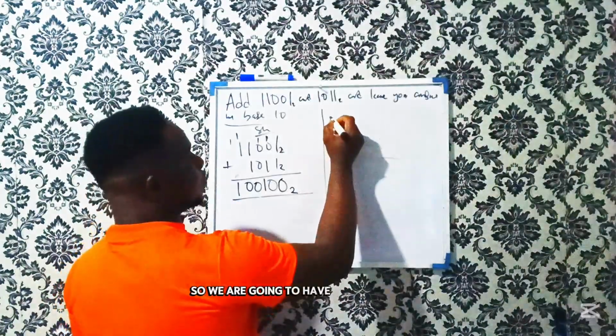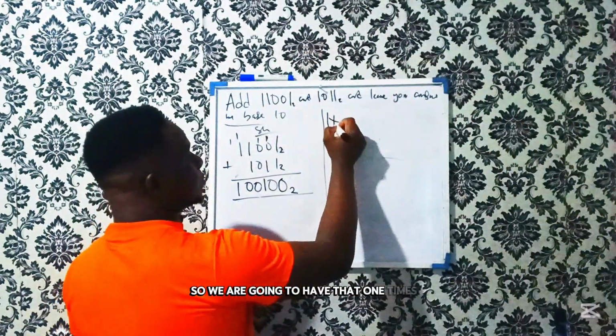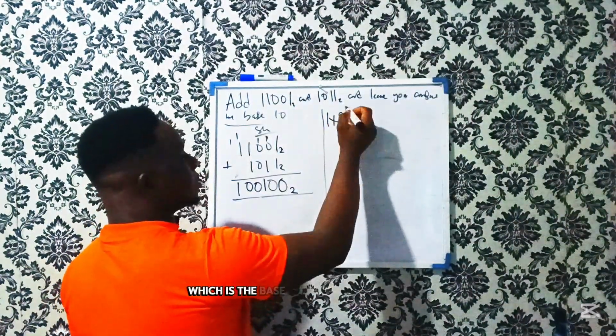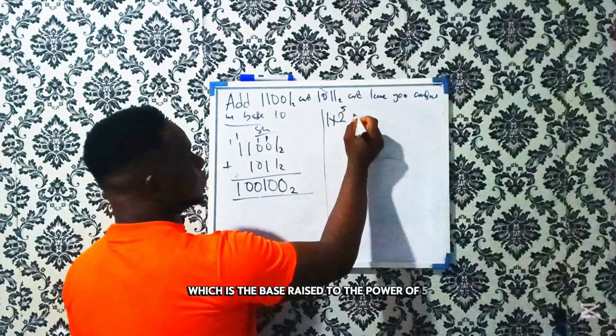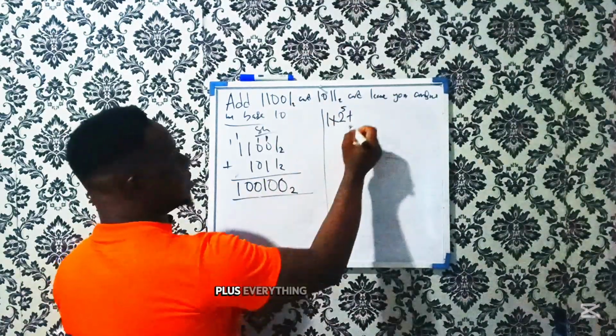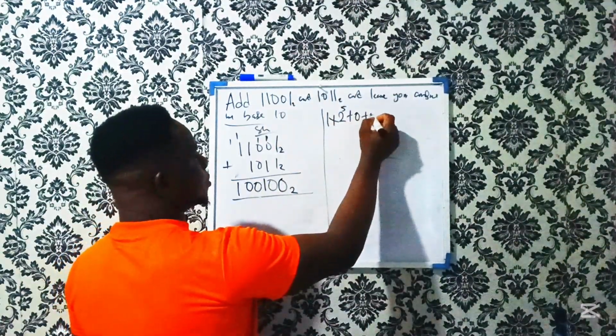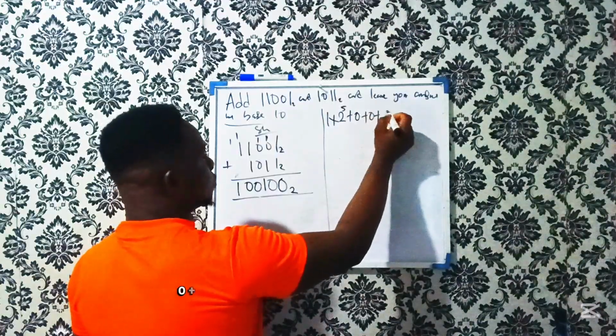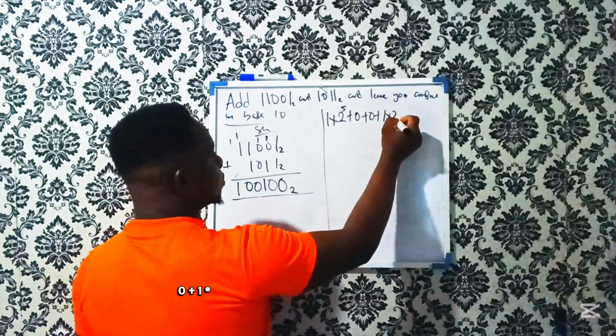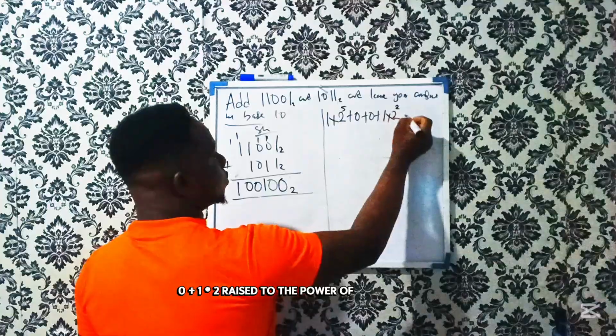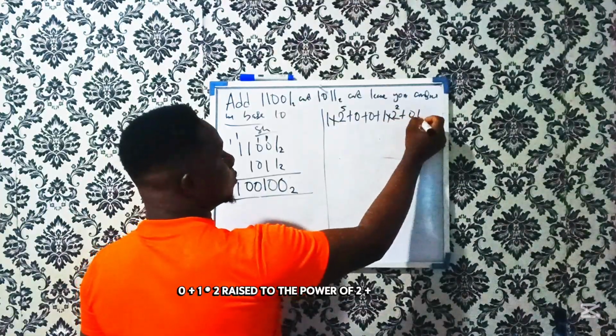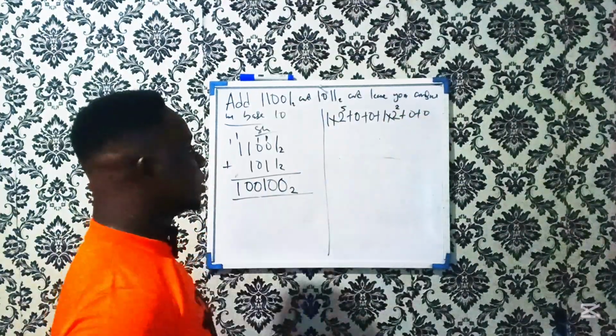So we are going to have 1 times 2, which is the base, raised to the power of 5, plus 0, plus 0, plus 1 times 2 raised to the power of 2, plus 0, plus 0.